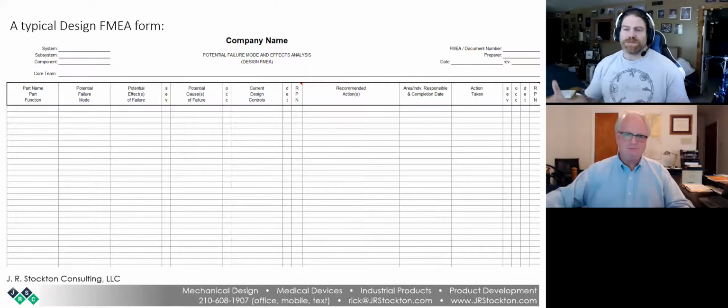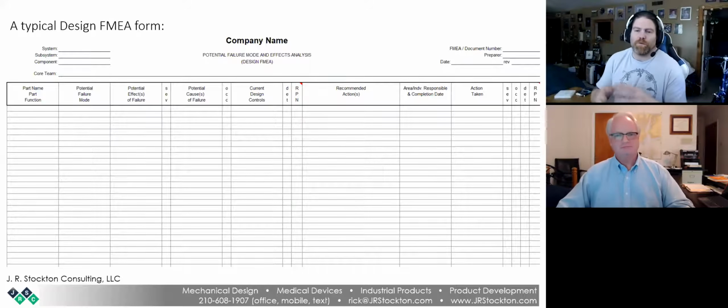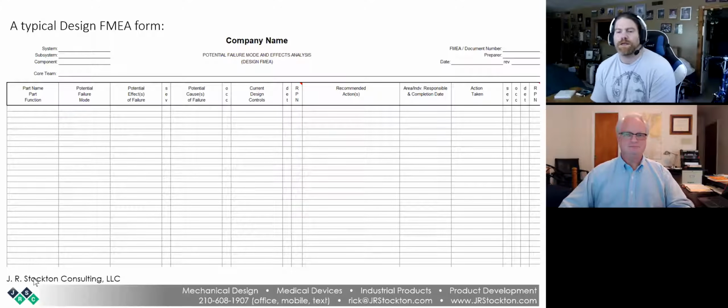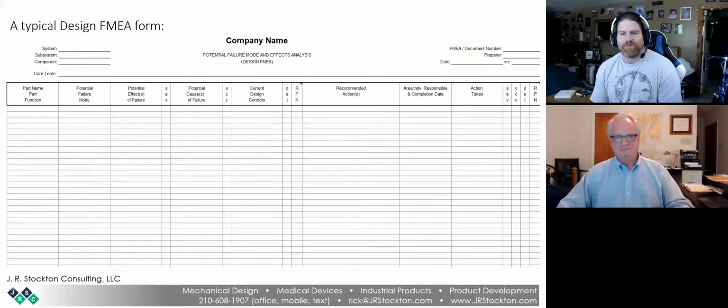I actually participated in a group where we were trying to figure out what is the best way to do a risk management activity? What is the best way to do design? And what are all the problems you guys experience? Because we were all experienced and had done this before. And one of the comments was, we spent a whole lot of time arguing over whether it's a 4 or a 5. And on a 10-point scale, who cares?